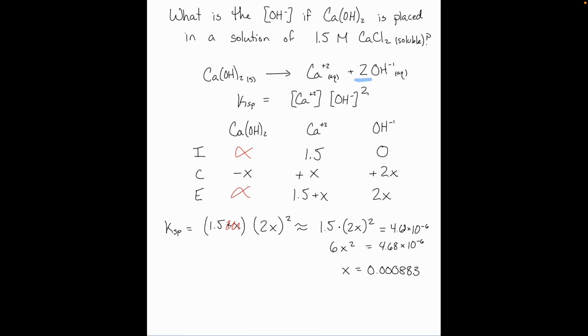All right, so am I done? No, why not? What I found was the molar solubility, right? X is the molar solubility. How many moles of this calcium hydroxide are going to dissolve per liter, right? That's what X tells us. But what did I ask for in the problem?